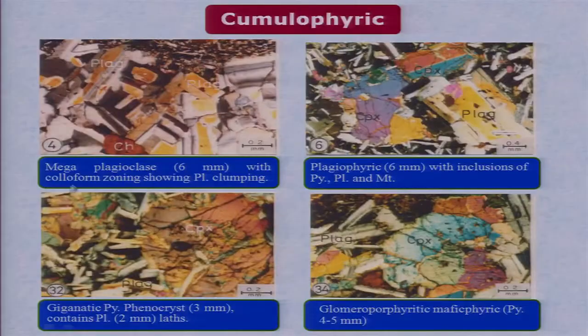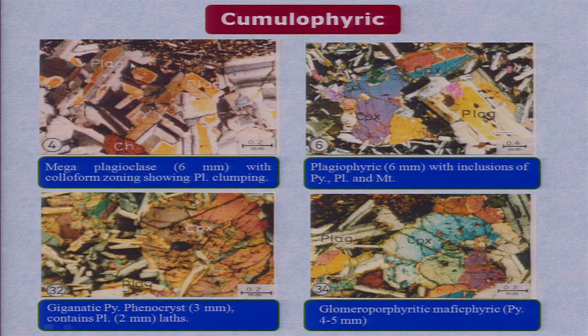I will show you how all these textures look under the microscope, citing an example of basalt. Here is a mega plagioclase. This plagioclase is larger in size, that is why I am calling it a mega plagioclase.